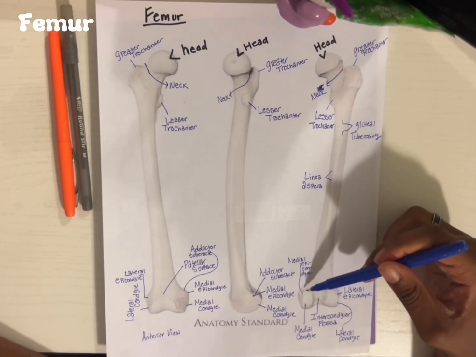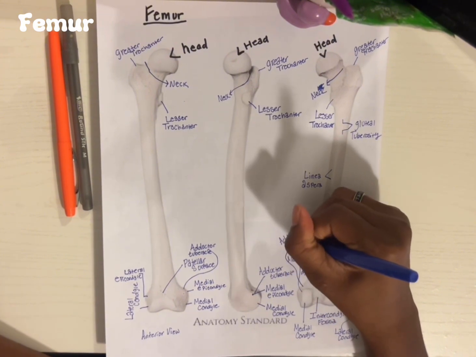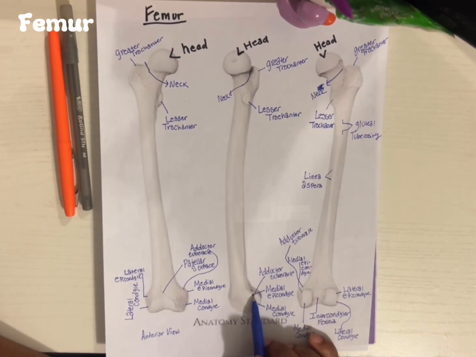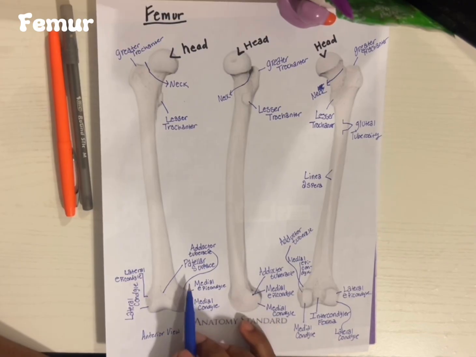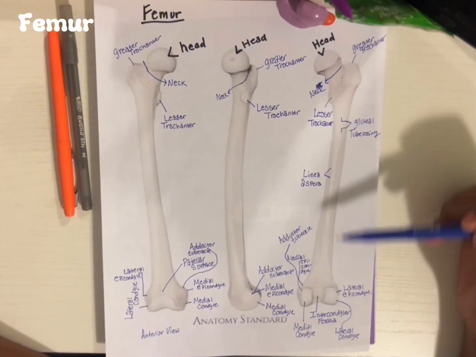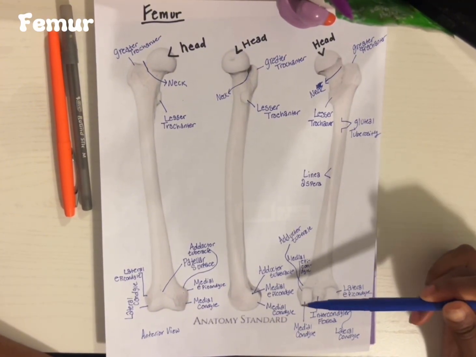And then right above your medial epicondyle is your adductor tubercle. As we saw right here, your adductor tubercle, right above the medial epicondyle. And then on this posterior view, your adductor tubercle is located above the medial epicondyle.